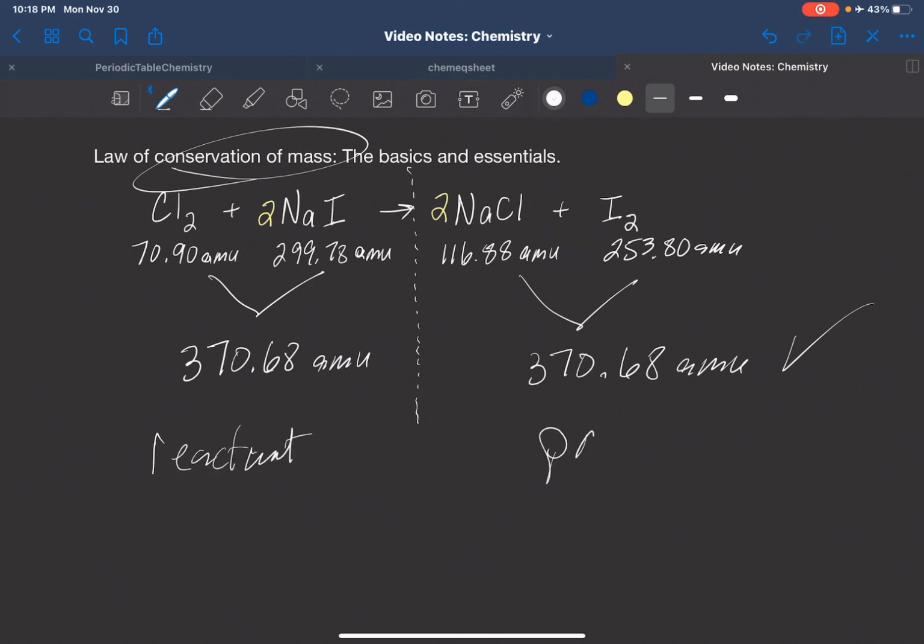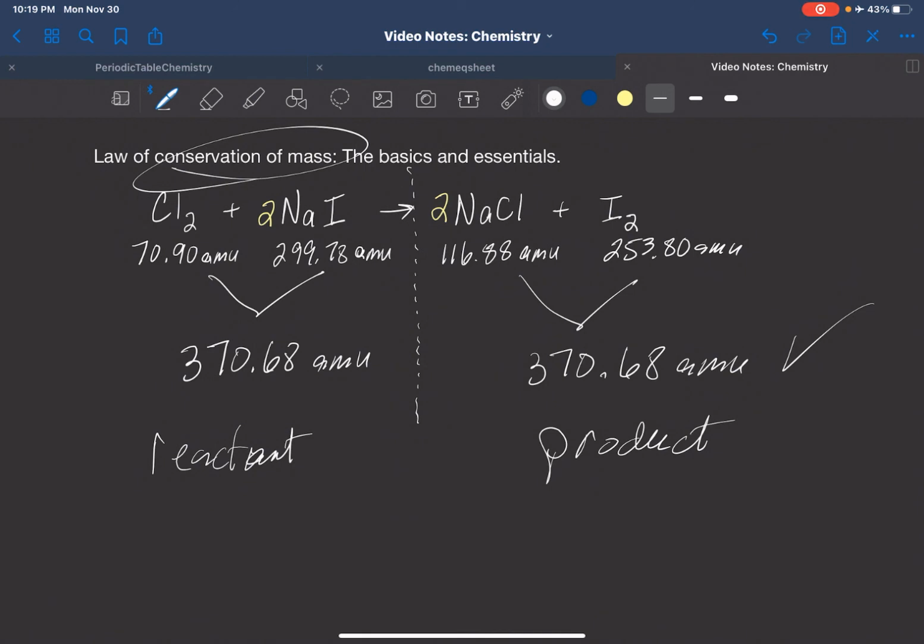The law of conservation of mass holds true because the total reactant mass, that's this side, equals the total product mass. It balances out, okay? And it should. If it doesn't balance out, then you simply back up each step. Either you've punched a number into the calculator incorrectly, or you wrote one or more of the reactants and products incorrectly.